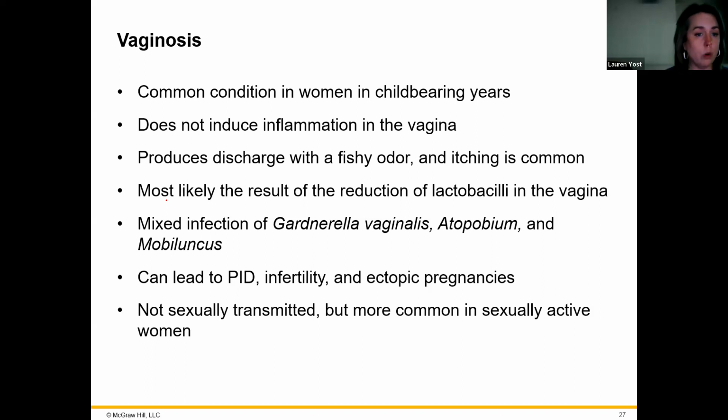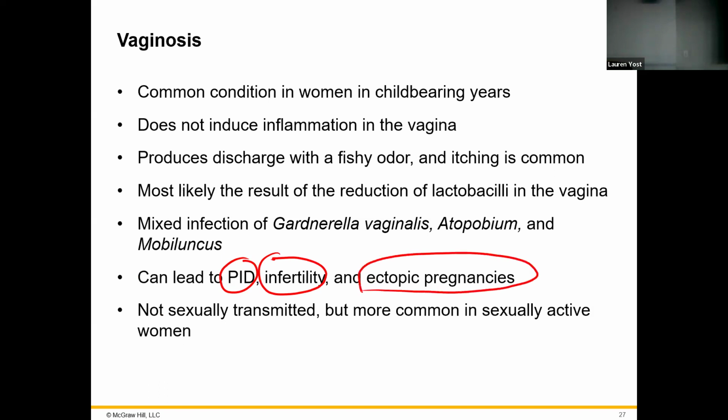Either way, you'd think, okay, this is an inflammation of the vagina, so it must not be that severe. But BV can lead to pelvic inflammatory disease, infertility that can be permanent, and ectopic pregnancies. For those of you who don't know how ectopic pregnancies form, it has to do with the egg not being able to travel through the fallopian tube. We're talking about inflammation of the fallopian tubes to the point that the egg can't make it out.